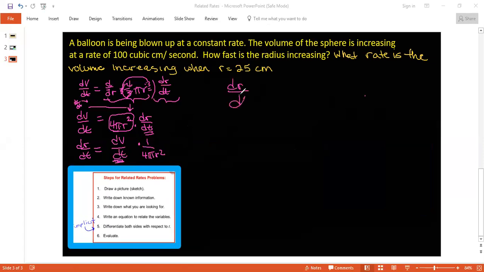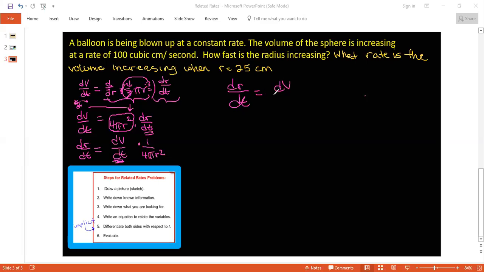So I'm going to have dV/dt. Oh, I'm sorry, wait, I already know what that is. That's what I forgot to say. dV/dt is 100 cubic centimeters per second.